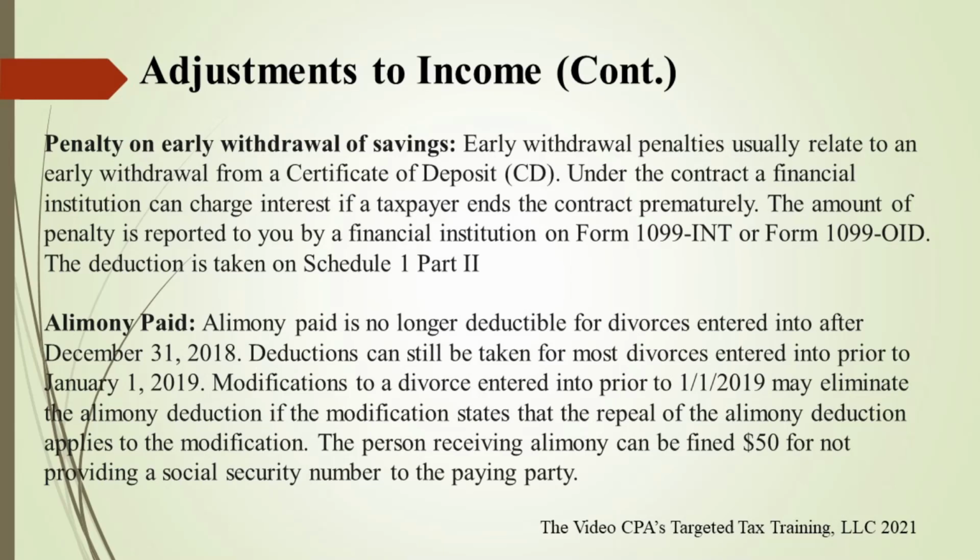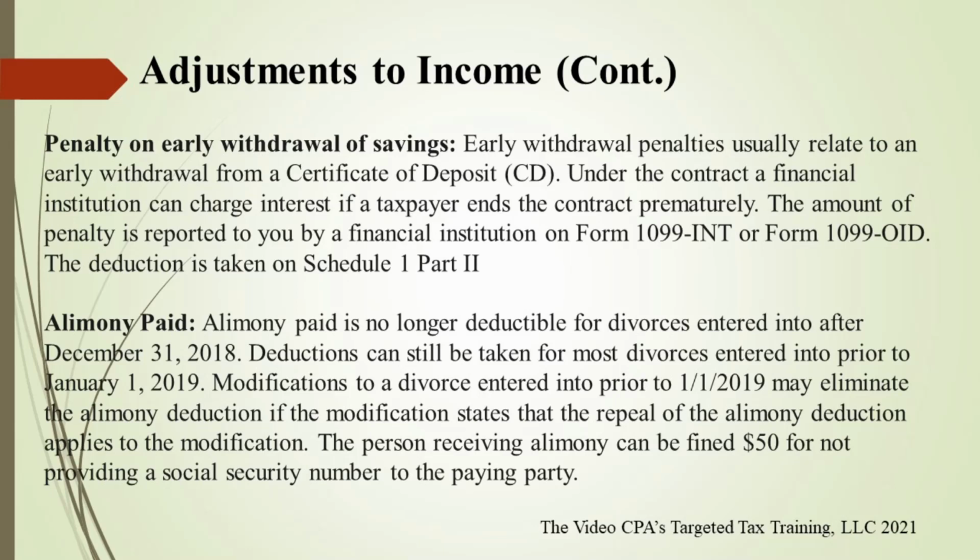In general, it's no longer deductible for divorces entered into after December 31st of 2018. And it's not reportable as income for those people who receive it for divorces entered into after December 31st of 2018. So all you've got now are the divorces that were entered into prior to 2019.